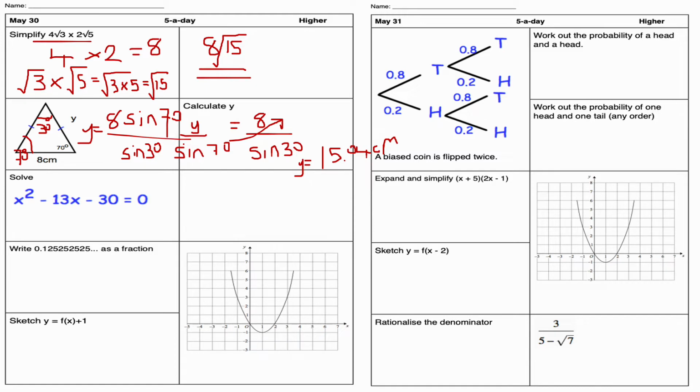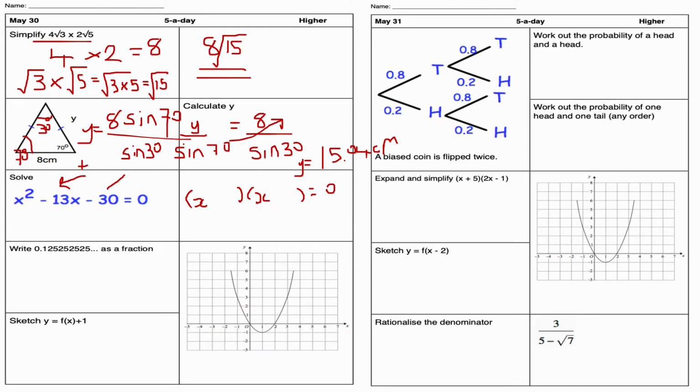Right, guys, next question, solving a quadratic equation. x squared minus 13x minus 30 is equal to 0, so solve this equation. So factorising this, it's a double bracket, make it equal to 0. I'm going to put x and x in both, because x times x is x squared, and then I want 2 numbers that add to give me negative 13 and multiply to give me negative 30.